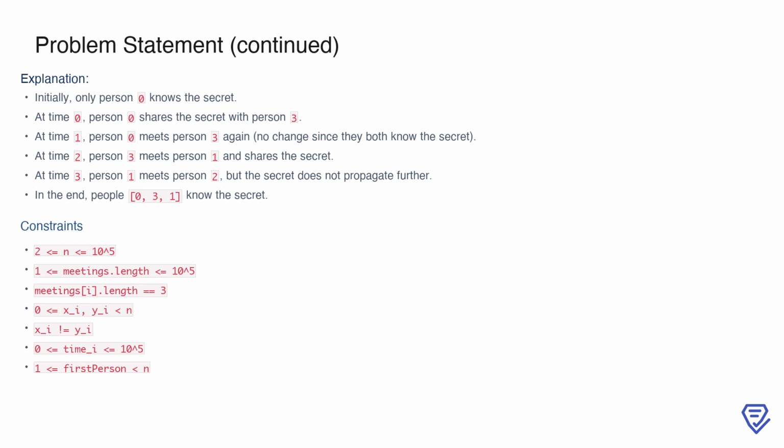At time 1, person 0 meets person 3 again, but since both already know the secret, nothing changes. At time 2, person 3 meets person 1, and the secret is passed to person 1. However, at time 3, when person 1 meets person 2, the secret does not spread further because there is no connection that allows propagation beyond this point. Thus, the people who know the secret in the end are 0, 3, 1.